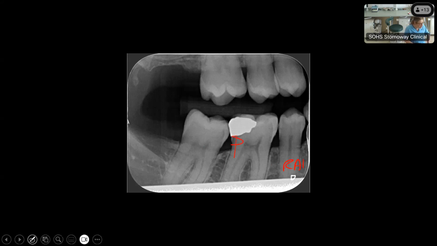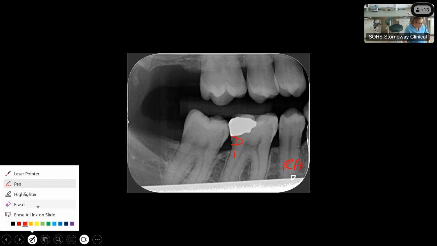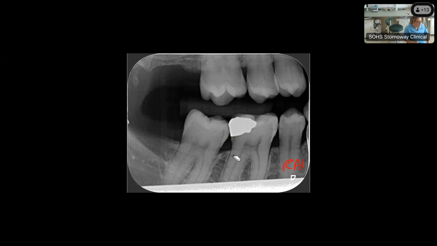You could certainly say there does appear to be a darker area underneath that restoration. It doesn't follow the pattern of caries, however, so I would need to check that clinically. I would look at it clinically, for sure, but I wouldn't go straight to caries. I'm glad you mentioned that, because that's a common thing for people to question.